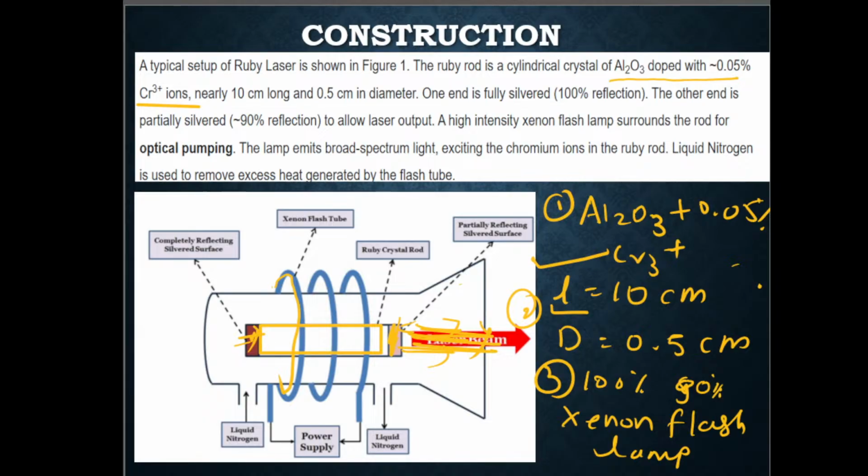Then why are we using that xenon flash lamp? Anyone know about this? Why are we using that xenon flash lamp around the ruby laser or ruby rod? Harshvardhan, Abhilash, Rupesh, anyone know? Why are we using this?